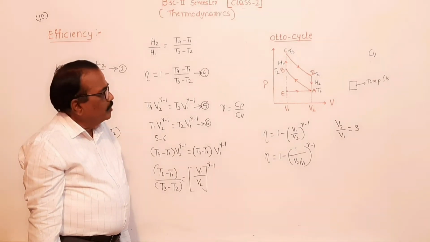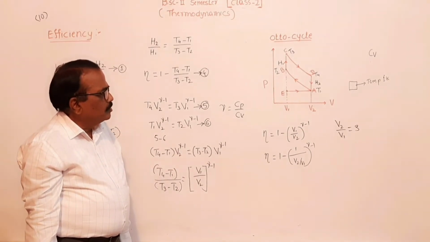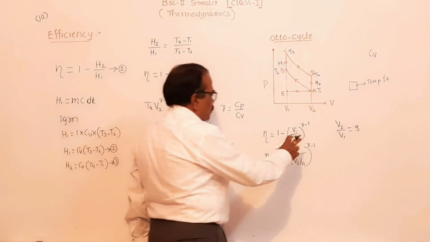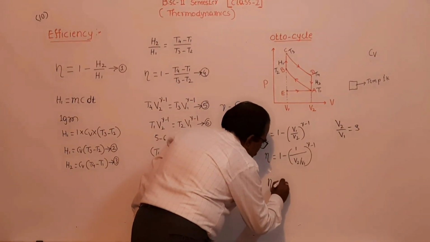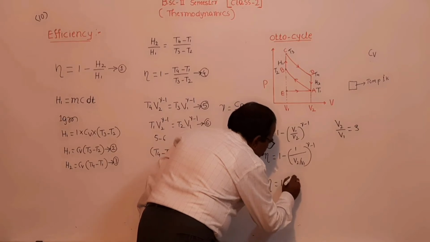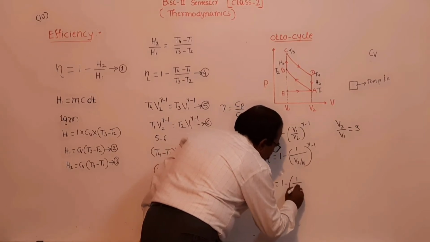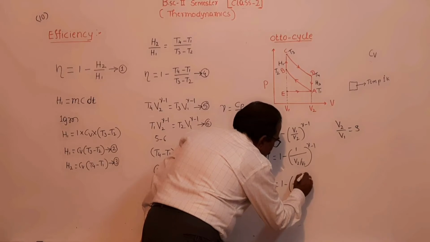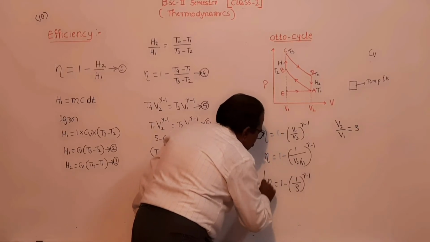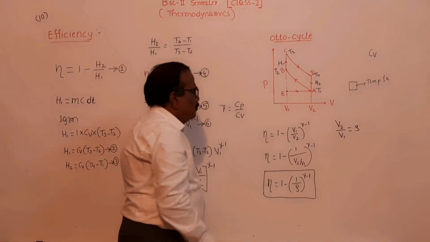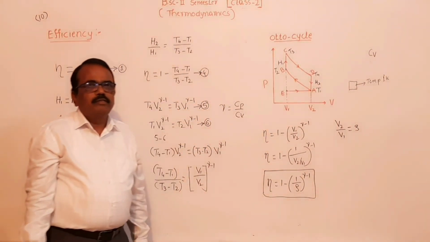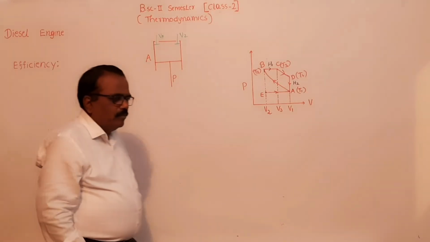Or eta is equal to 1 minus 1 upon rho raised to nu minus 1. So this you have to derive in the examination. If you write up to this, you are going to get 10 marks.